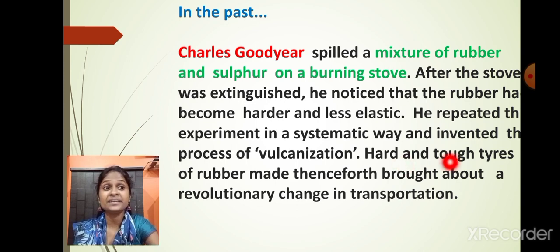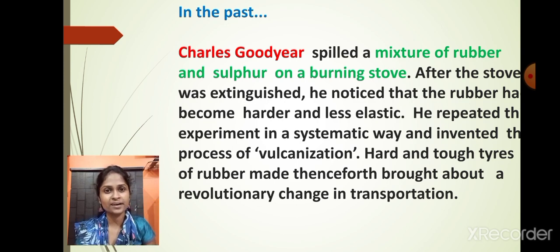Hard and tough rubber tires are made just because of vulcanization. Because of this process, tires were invented, and therefore a revolutionary change in transportation has occurred. Just imagine how our transportation would be without tires.